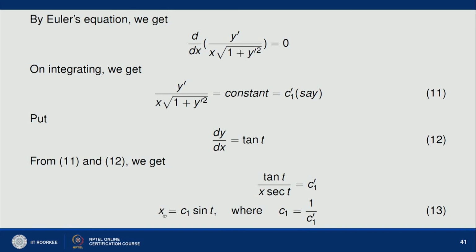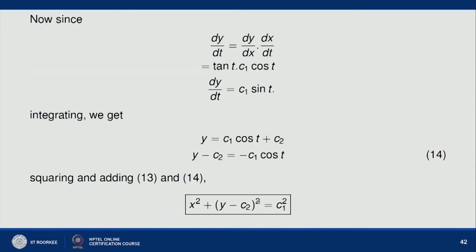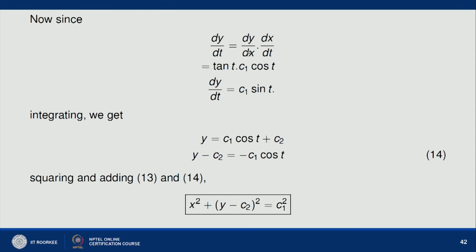Using the value of x, you can calculate the value of dy by dt, that is equal to dy by dx times dx by dt. So dx by dt is already known to us, that is the derivative of this x, that is C1 cos t, and so you can find out dy by dt equal to dy by dx, that is tan t, times dx by dt, that is C1 cos t. If you simplify, it comes out to be C1 sin t.